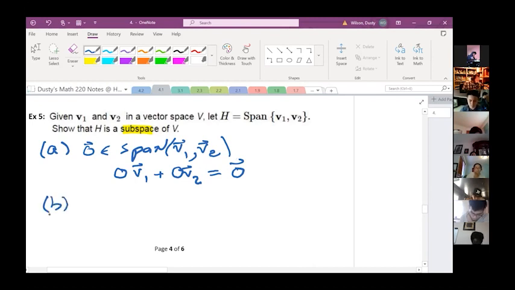Second condition, as Croy mentioned, is addition. So we could add two vectors together. So let U and W that are in the span be given.